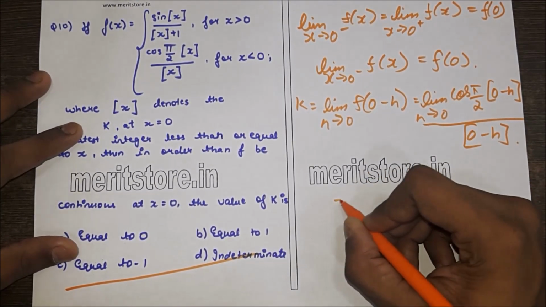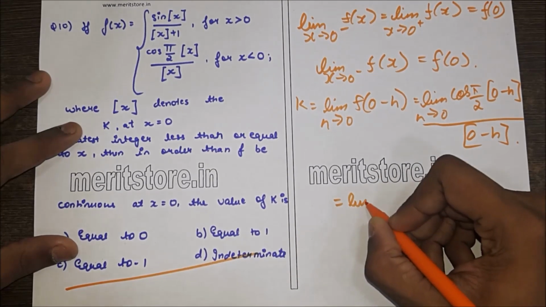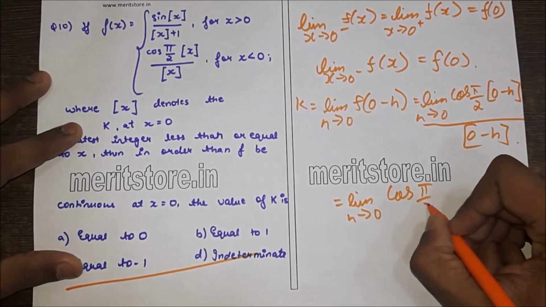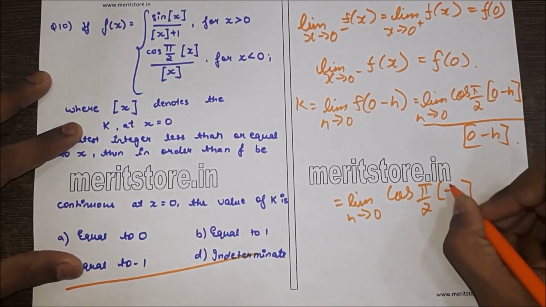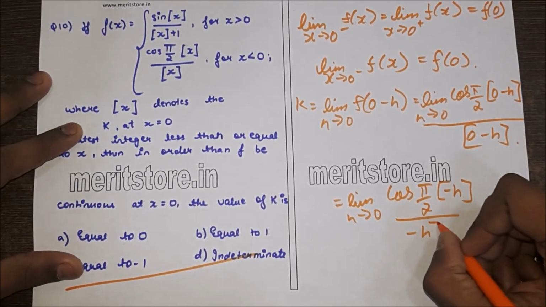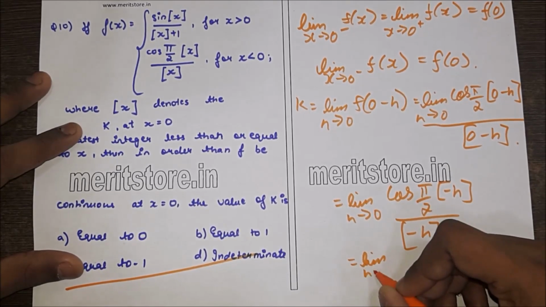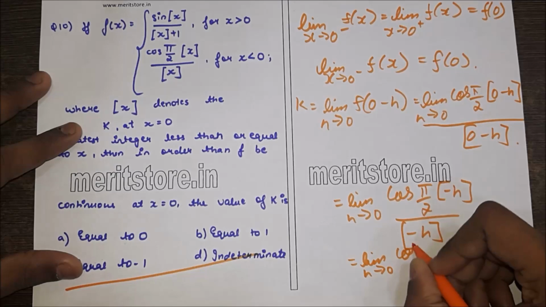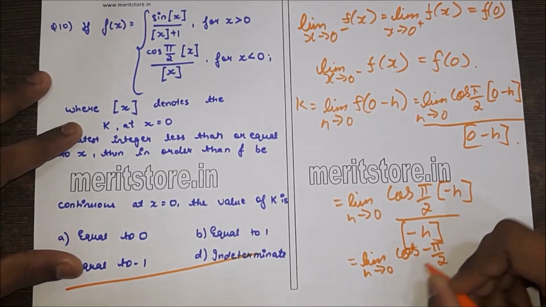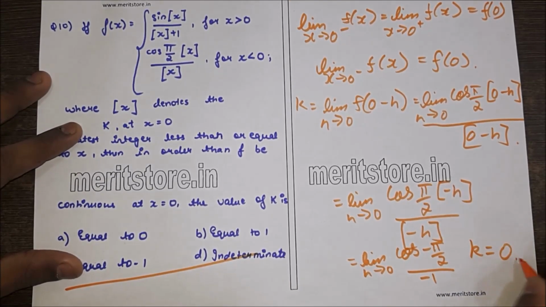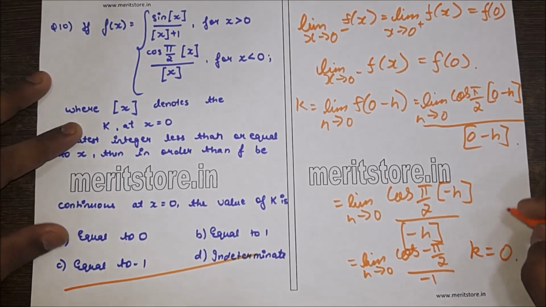This gives us limit of h tends to 0 cos of pi by 2 minus h upon minus h. So that gives us limit of h tends to 0 cos of minus pi by 2 upon minus 1. So therefore we can say k is equal to 0, which is option A.